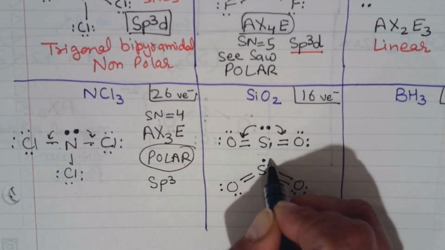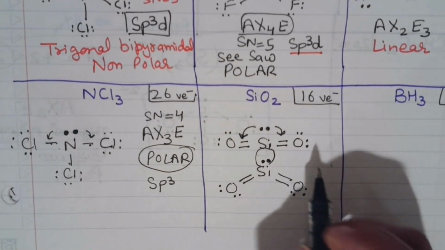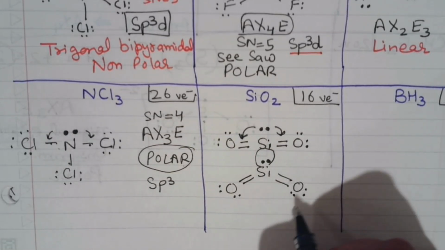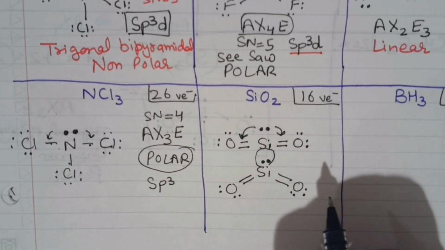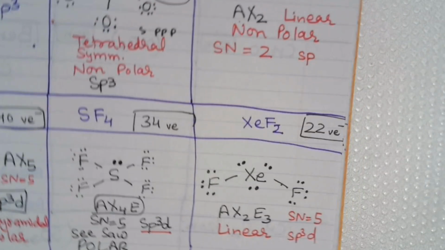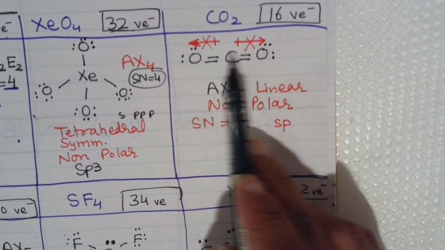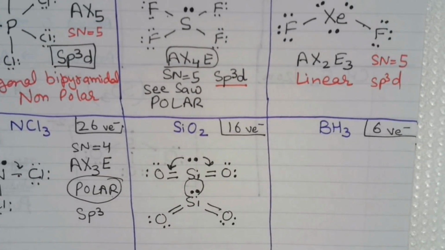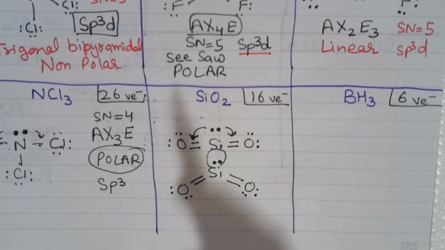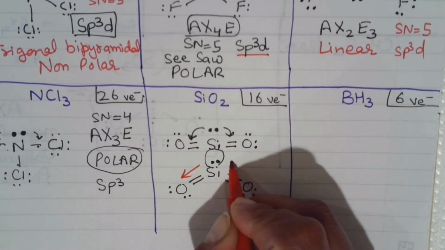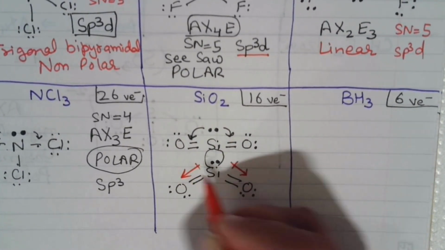Now this lone pair that is on silicon makes the molecule unsymmetrical, unlike CO2. Remember, in CO2 there was no lone pair on the central atom, so the individual dipoles cancel out, right? If you draw the polarity of SiO2, because of the lone pair, the molecule is not symmetrical, right?